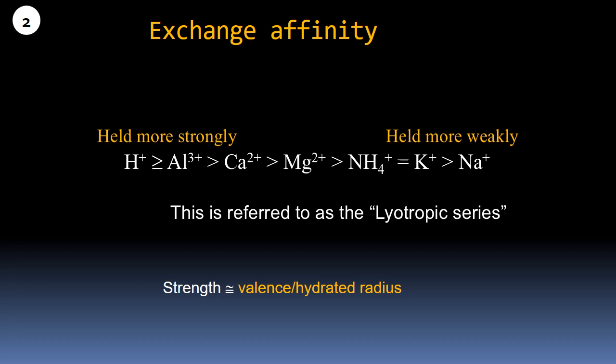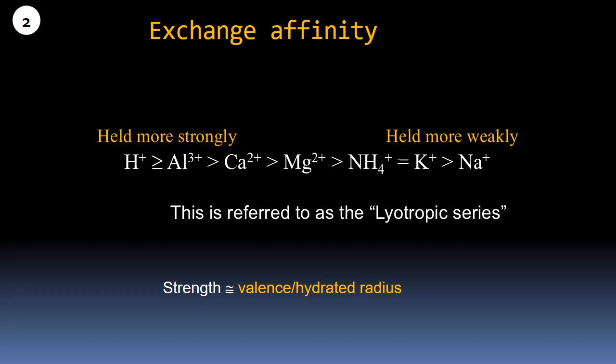As you can see, those that exist to the left have a higher strength, and therefore they will be held more strongly in the soil, in the adsorption side, the exchangeable side, than the ones to the right. And you would see that hydrogen is almost equivalent to or stronger than aluminum. Why?